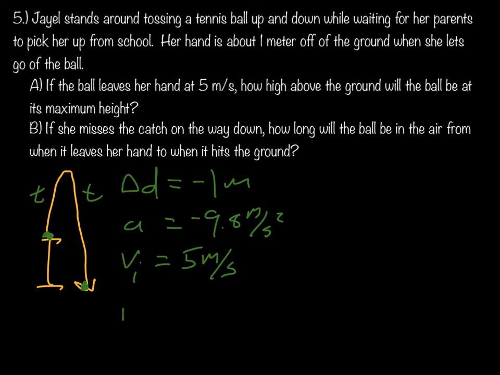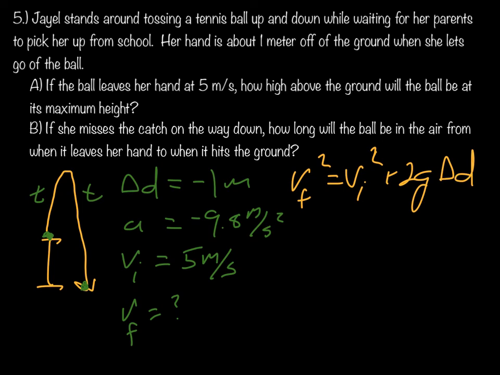So instead we're going to solve for VF and figure out what that is. And we know that VF squared equals VI squared plus 2G delta D. So, of course, VF is the square root of all of that.